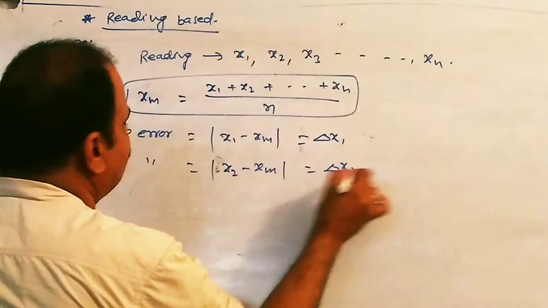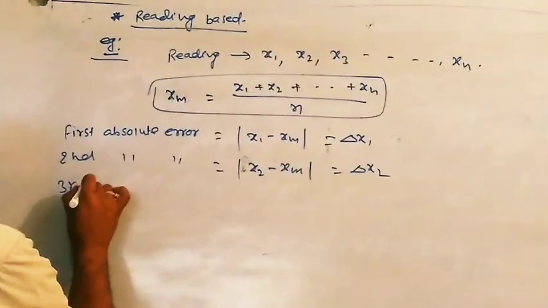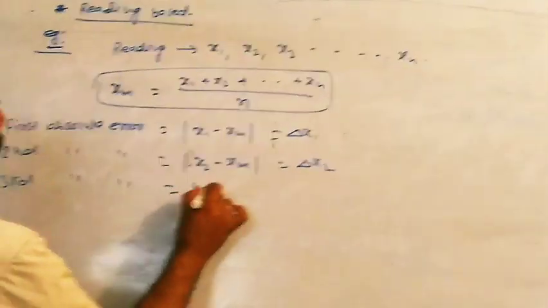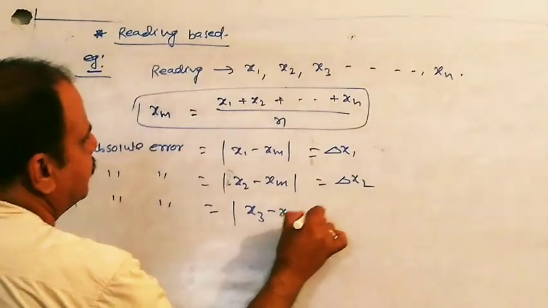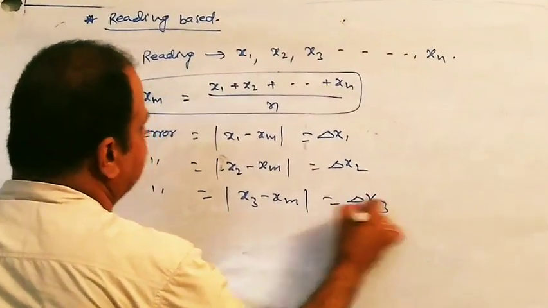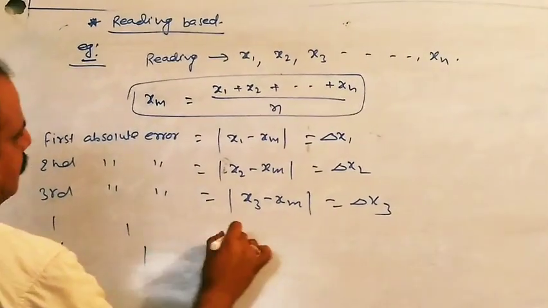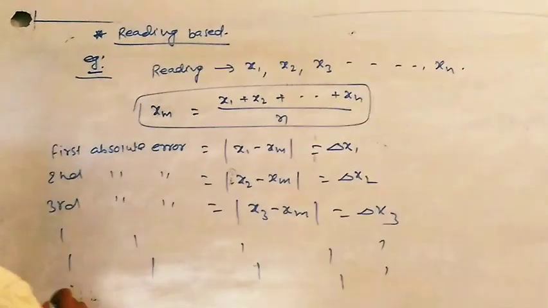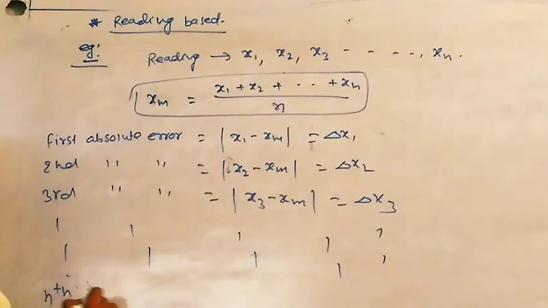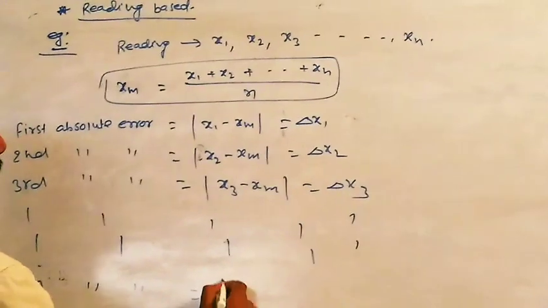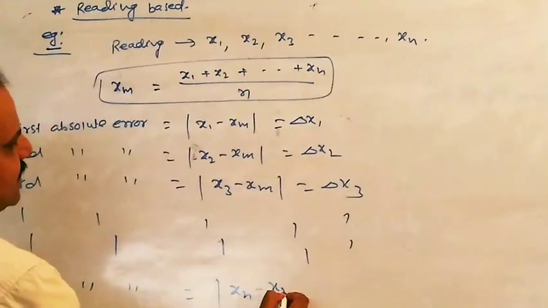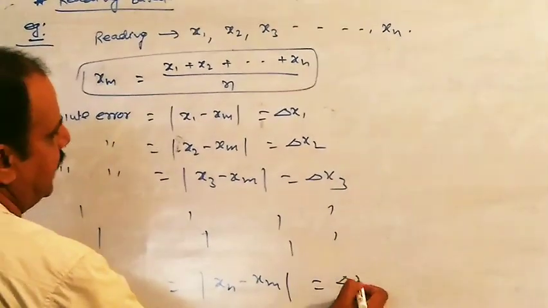This is delta x2. Third, mod of x3 minus xm, delta x3 and so on. Nth absolute error, mod of xn minus xm, that is delta xn.